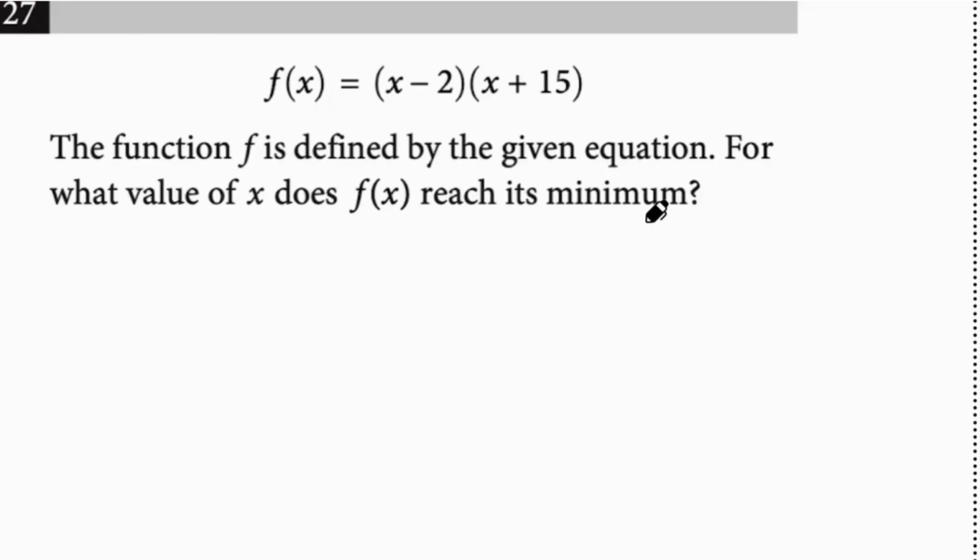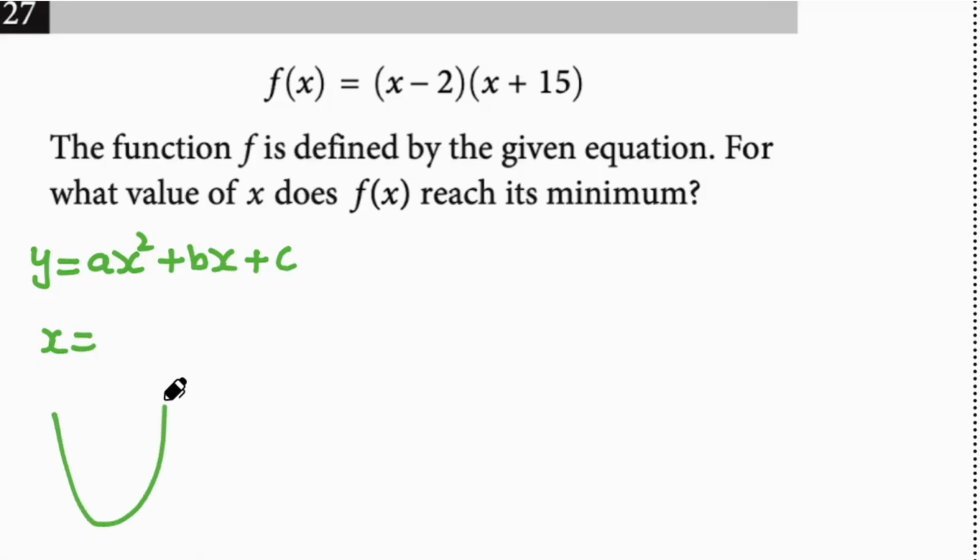Now, when it is about minimum value, the method we know is that this equation should be in this form, right? And the minimum value is like, this x is asked, right? And this is the minimum value and this is x where this minimum value will occur.